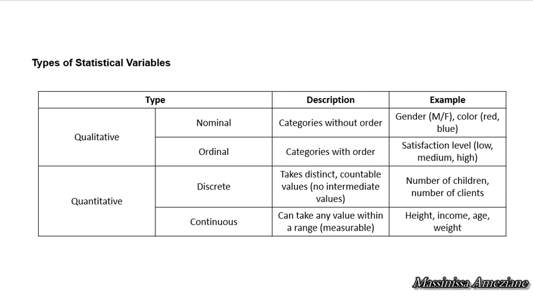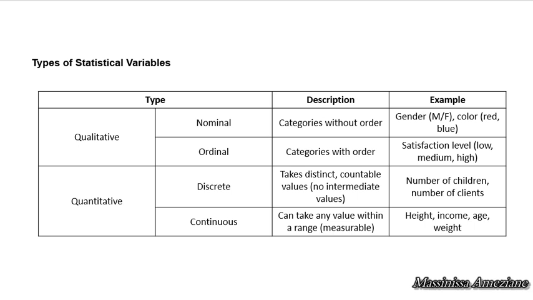We have the discrete, which has numerical values that are distinct and countable, with gaps between them. This means you can have 2 or 3 children but not 2.5, for example. Between one child and two children there is nothing.